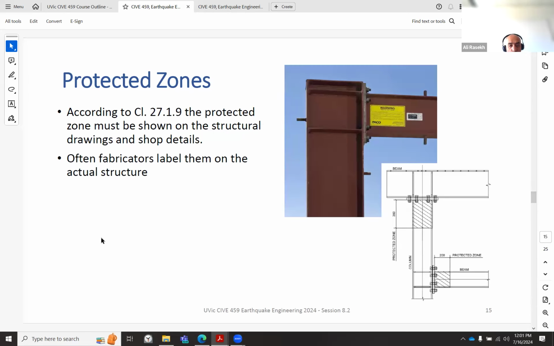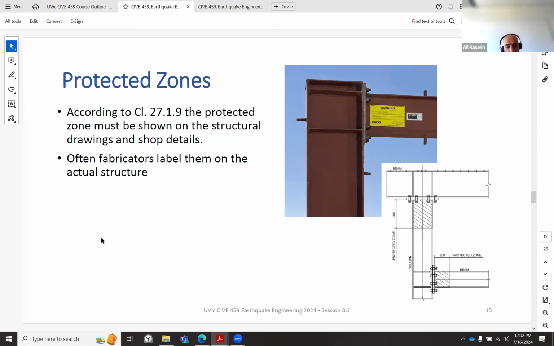According to clause 27.1.9, the protected zone must be shown on the structural drawings and shop details. Often fabricators label them on the actual structure. So they must be shown in drawings.